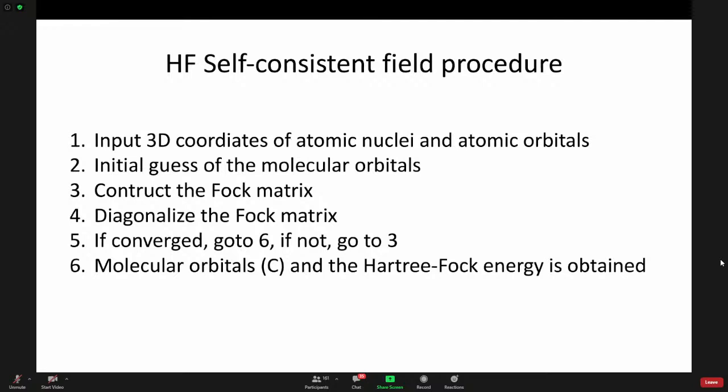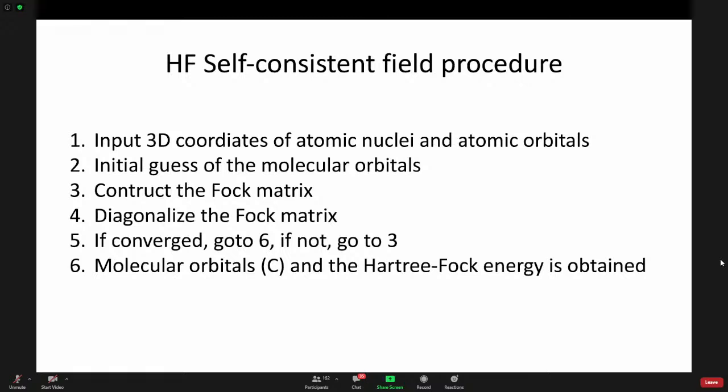So what we do is that first we start with 3D coordinates of atomic nuclei and also determine what kind of atomic orbitals we use to describe the molecular orbitals. Then we construct the initial guess of the molecular orbitals, and then we go into the loop. We construct the Fock matrix, the F matrix you see on your left-hand side, and then we diagonalize it. So then we get the eigenvalues.